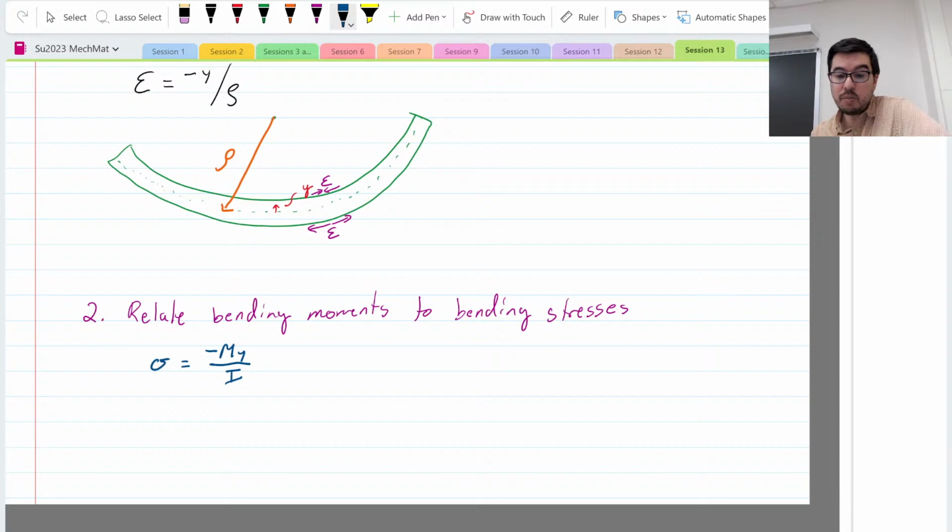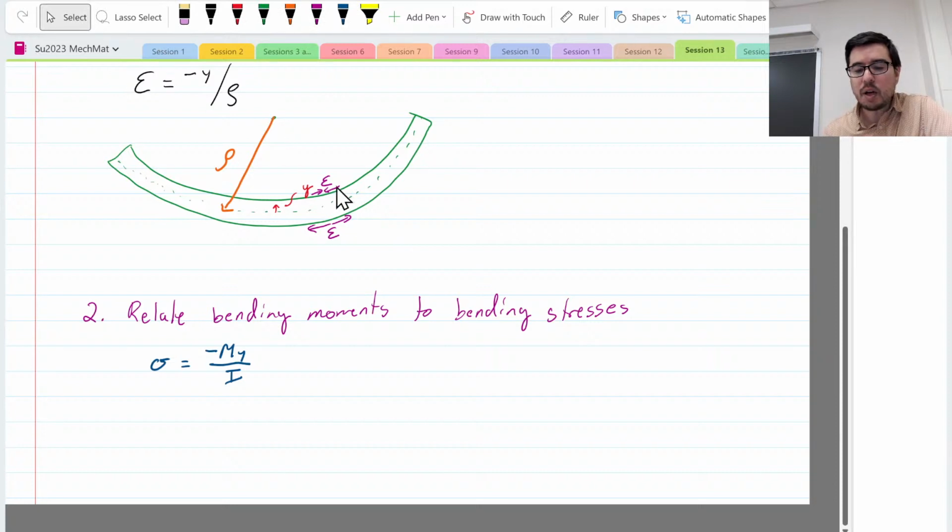Okay, and there's a significant amount of discussion of that in the notes and in the video. The big takeaway here, okay, is just as we were talking about the beam above, all right, above the neutral axis, going into compression with strain, you and I will see that if y is positive, that causes a negative stress, right?